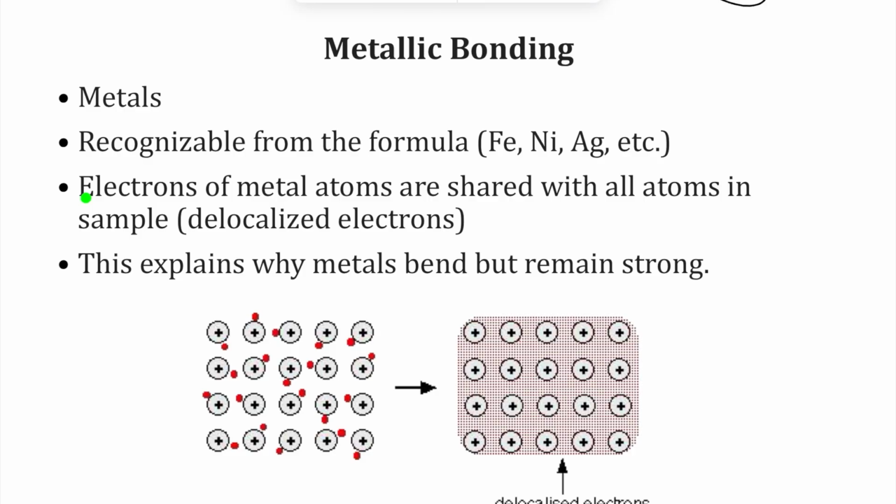The electrons of our metal atoms are shared with all the other atoms in the sample. Those delocalized electrons explain why metals bend but remain strong.